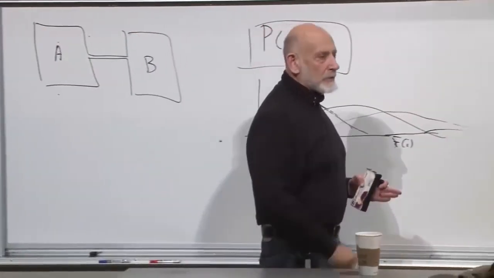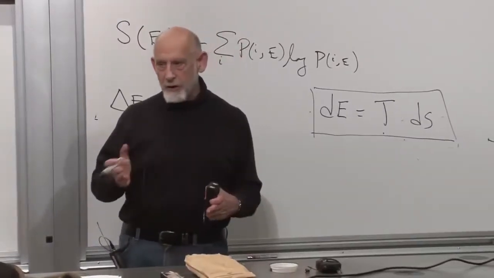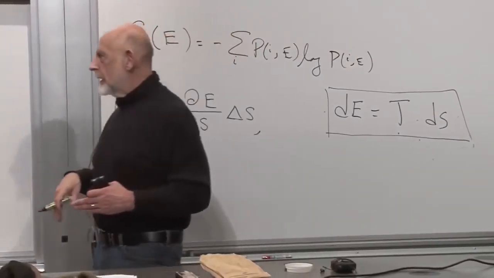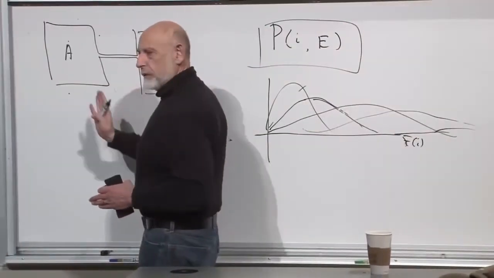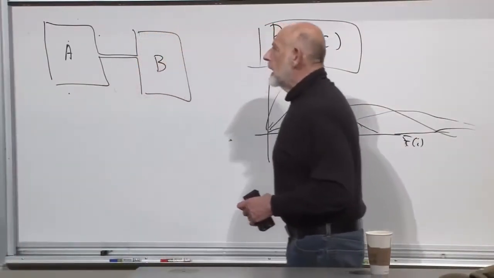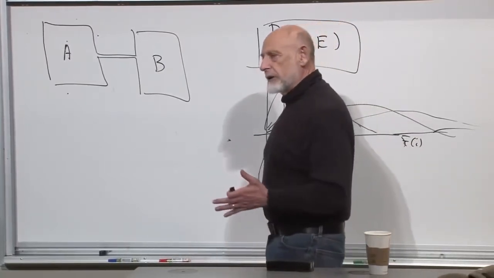A thin pipe simply means that they can exchange energy with each other, but weakly. Little bits of energy can go back and forth between them and cause the energies to fluctuate, but on the average, each one has an energy.